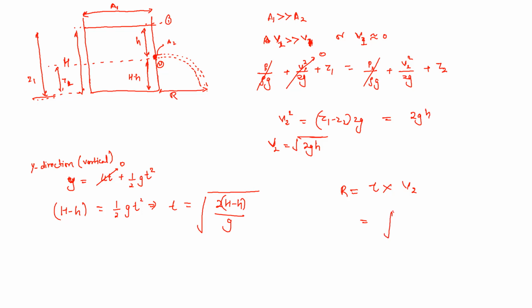So this time is root of 2 times (capital H minus small h) over g, and this is root 2gh. If you cancel g out, the 2 comes out of the square root, and this will simply be 2 times the square root of small h times (capital H minus small h).